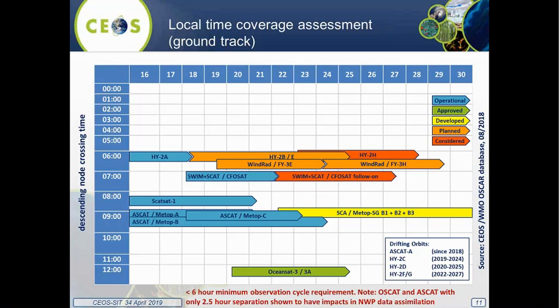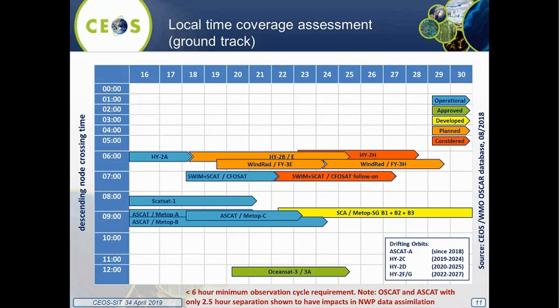So if you look at the WMO requirements for observation cycle, it now says better than 6 hours. We had experience with earlier satellite data from OceanSat, also at 12, combined with ASCAT, and we found that they have a separation in time of 2.5 hours. So ASCAT at 9:30 and OSCAT at 12.